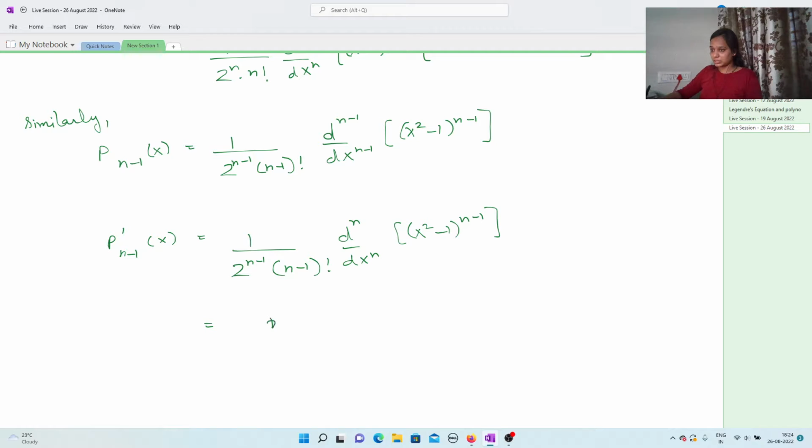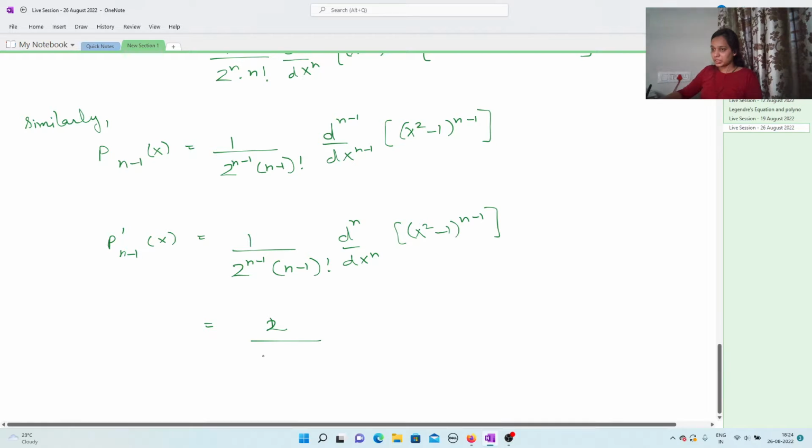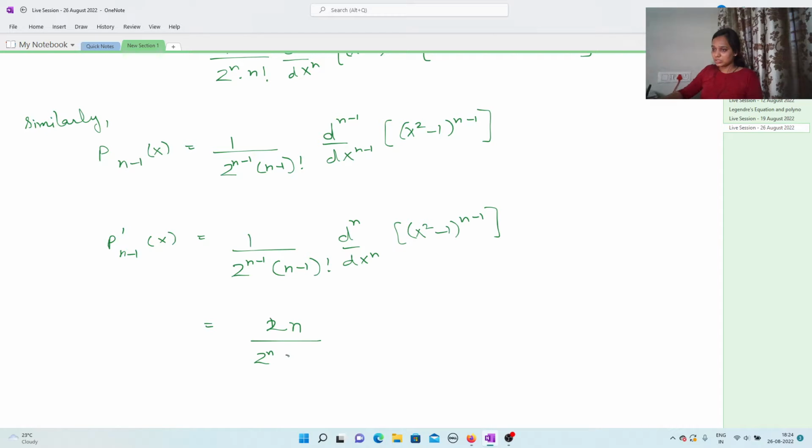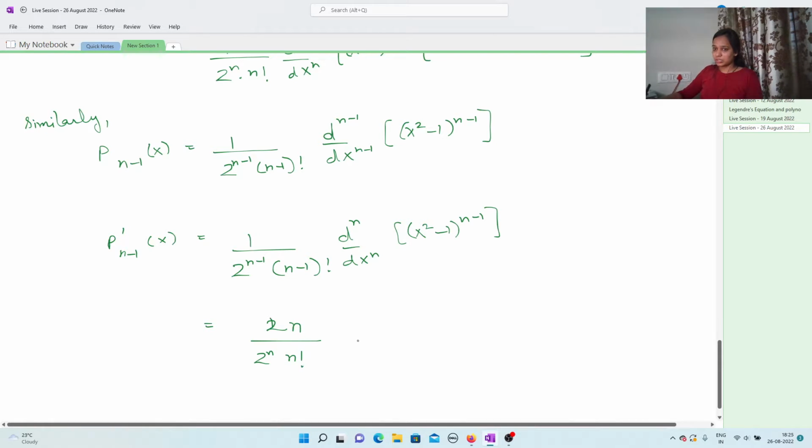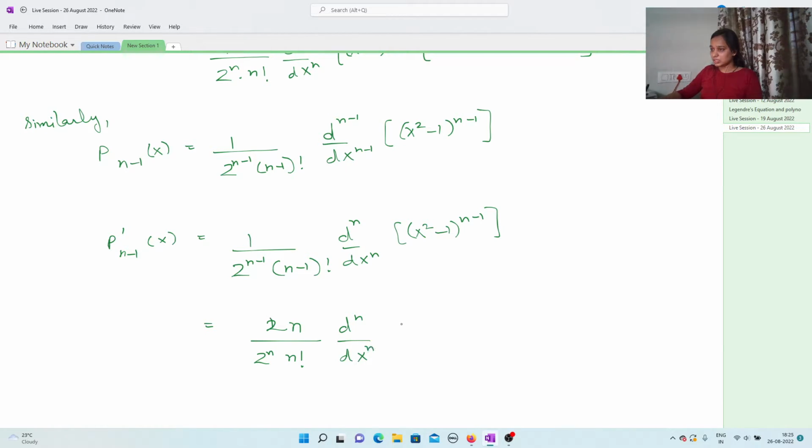That 2 can be taken in the numerator, and this is 2 to the power n. If we multiply by n in both numerator and denominator, this is 2n, and this will become n factorial. So this is now d n over dx n, x square minus 1 to the power n minus 1. This is our equation 2.